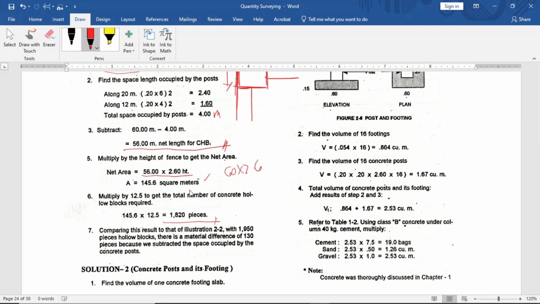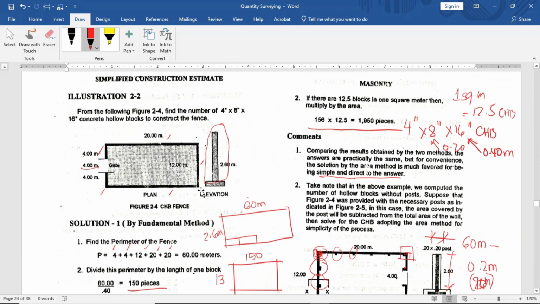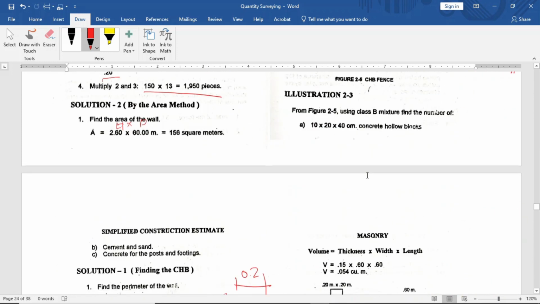So, lumiit yung area natin. So, pag mas lumiit yung area natin, syempre, mas liliit rin yung number of CHB. Tingnan lang natin, kanina, ilan yung na-compute natin na CHB? 1,950.